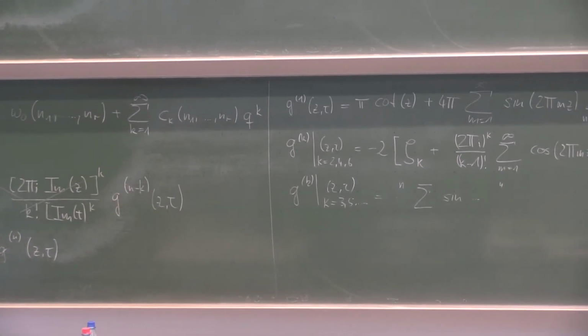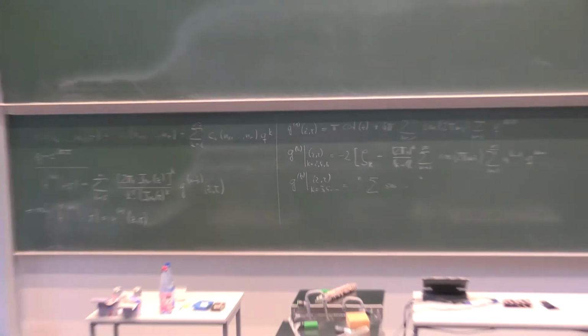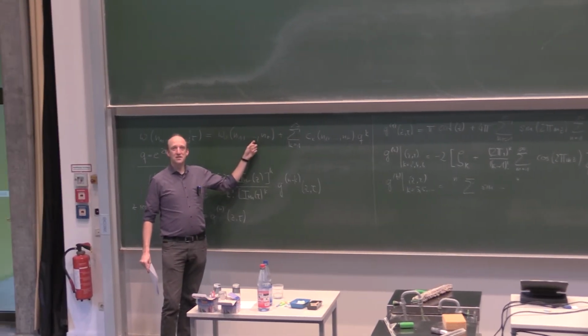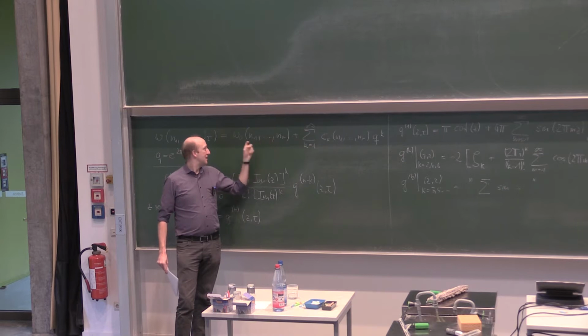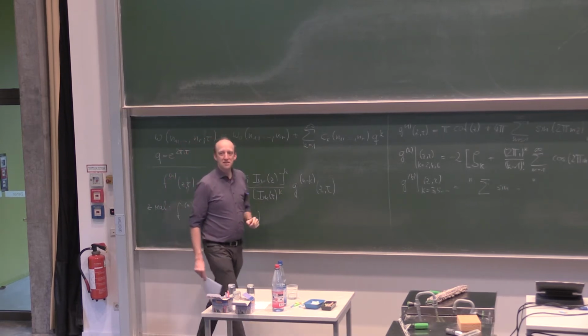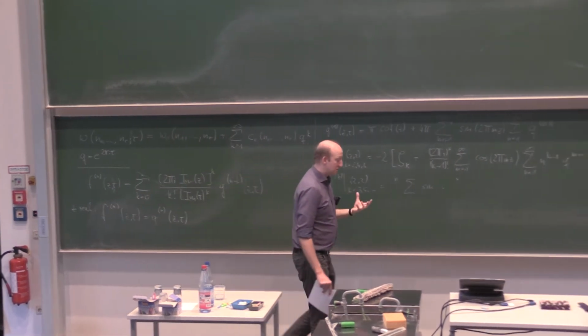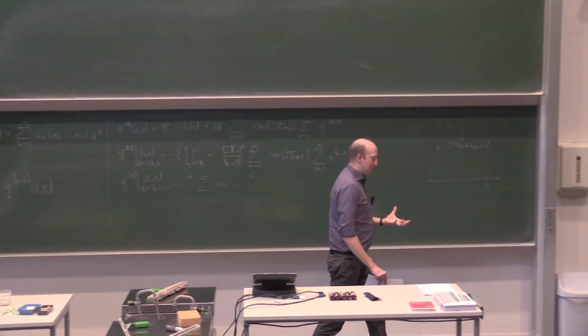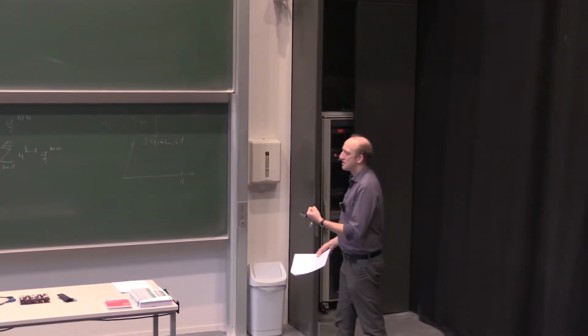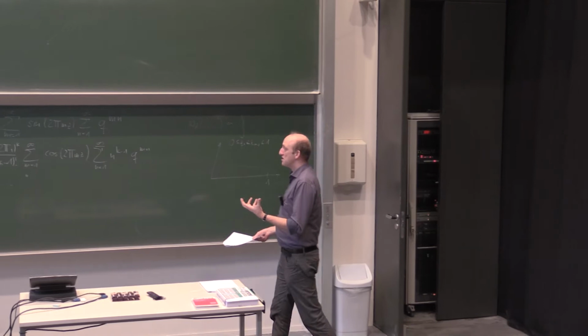Because it's an integral, we need to provide some kind of boundary condition. And we will talk about that boundary condition later again. This boundary condition is exactly the so-called constant value of the elliptic multiple zeta value. So if you have an elliptic multiple zeta value on genus 1, this constant term is an important part.